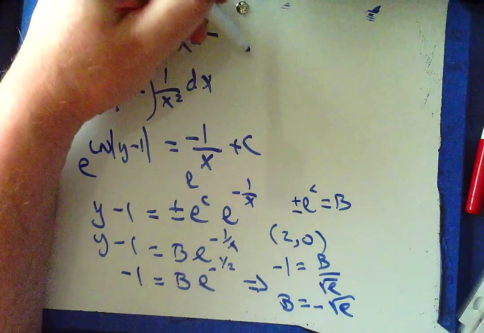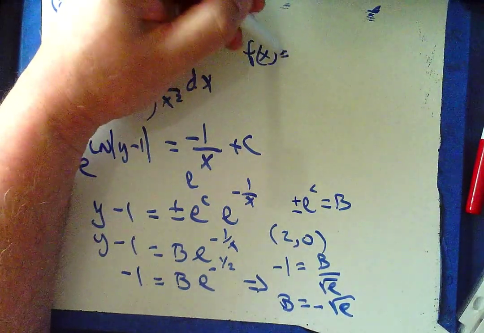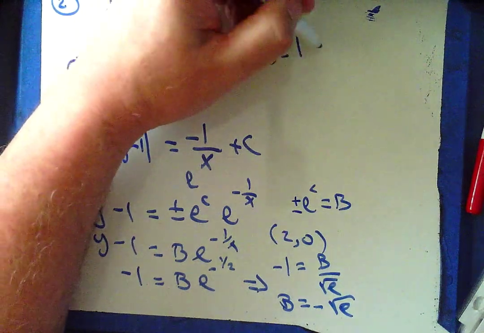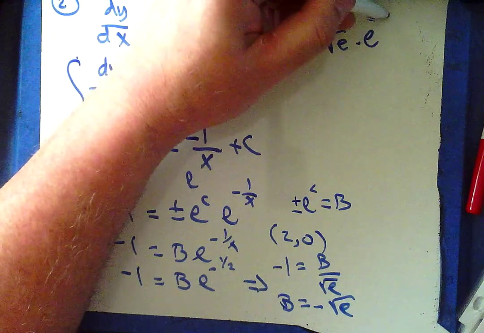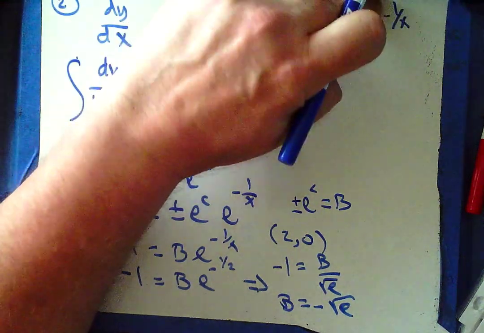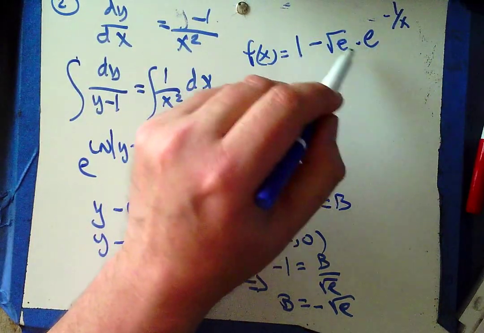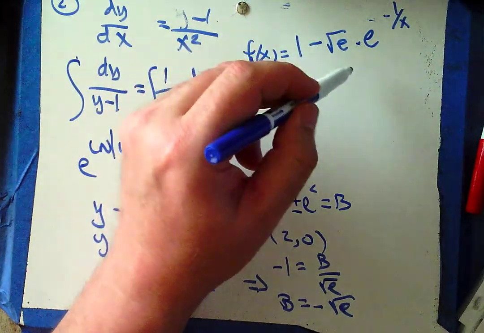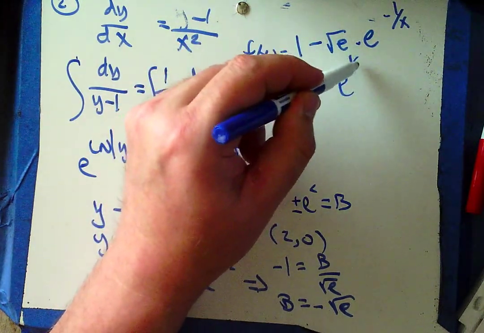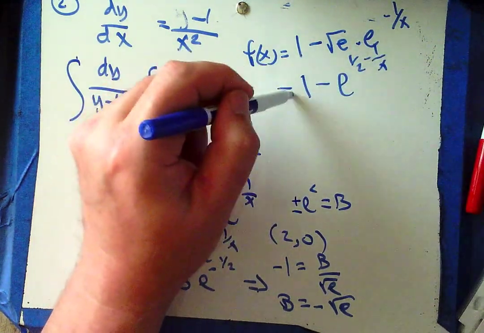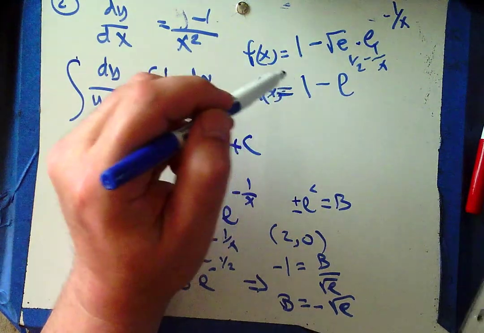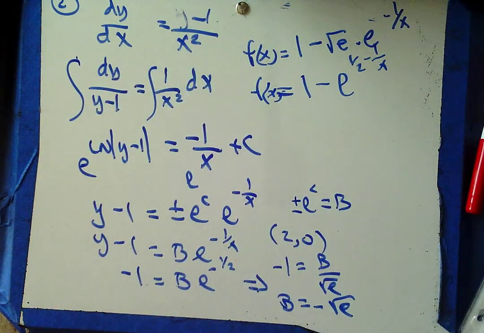So then our particular solution, f of x, would be 1 minus square root of e times e to the minus 1 over x. Or, because this is the same base, they'd probably write this as e to the 1 half minus 1 over x equals f of x. That's my thought on what the f of x would be in this case.